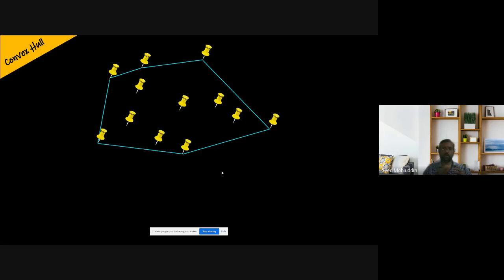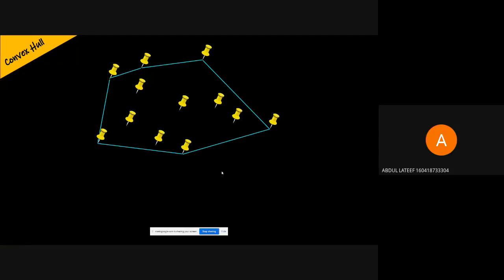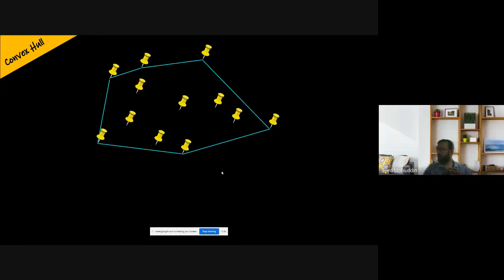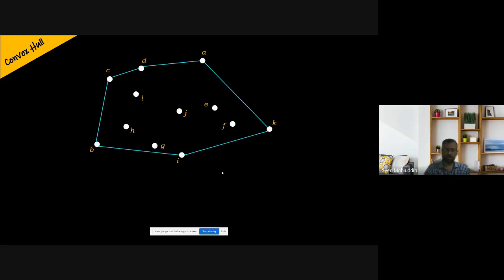Now, there are different ways of solving this convex hull problem, even different algorithms. Let us look at the first method of solving this, a brute force approach.